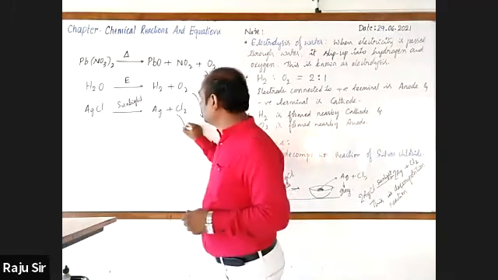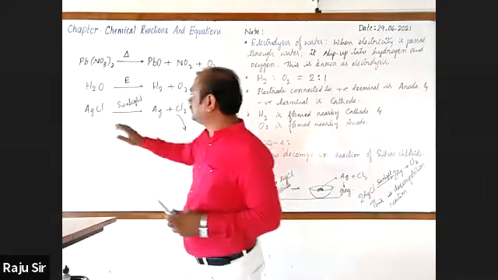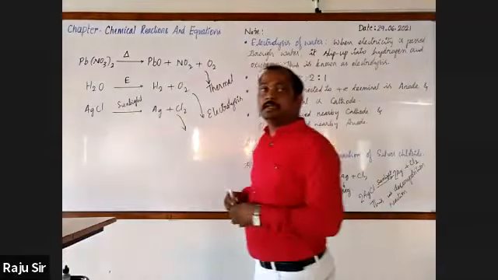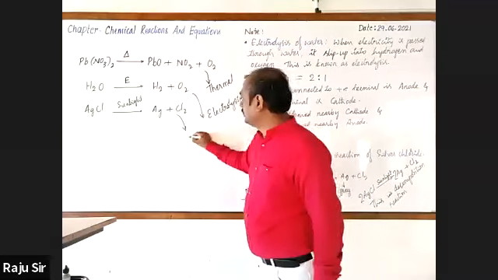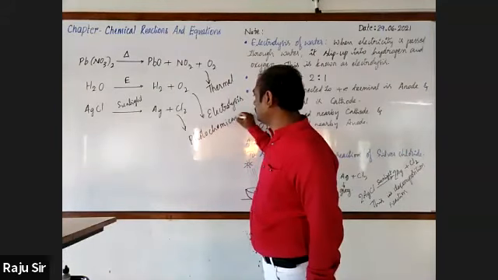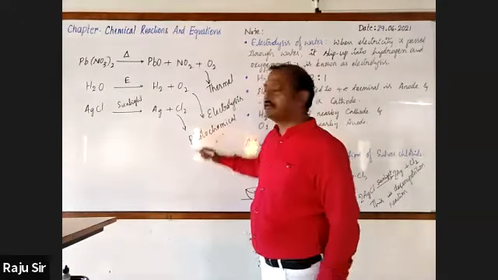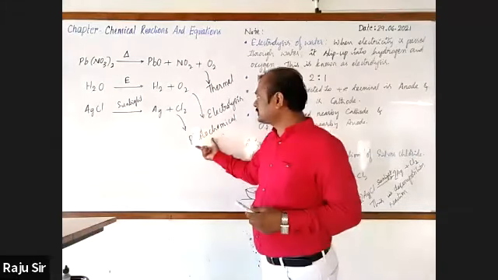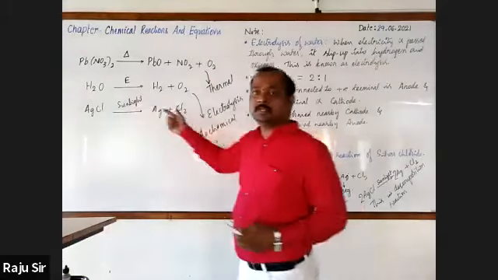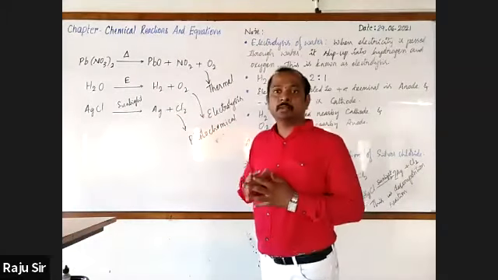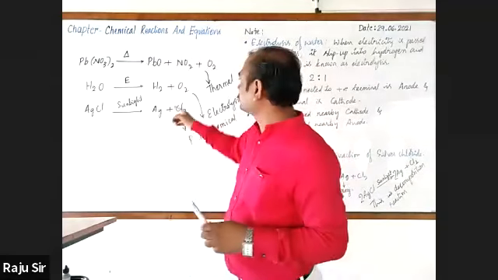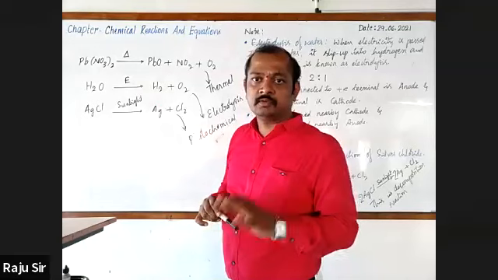Then third one, if the decomposition reaction takes place in the presence of sunlight, it is called photochemical reaction. Photo means light. So as this decomposition reaction takes place in the presence of sunlight, it is called photochemical. So these are the 3 important types of decomposition reaction. Got it?